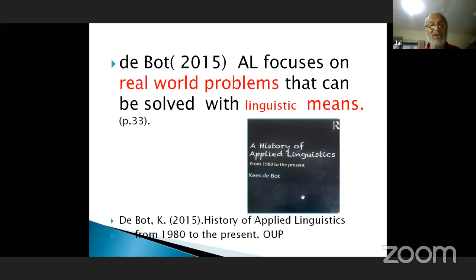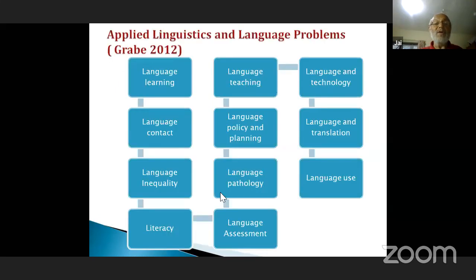This is wonderful research. Now, the problems that Grabe raised in applied linguistics are language learning. Basically, when applied linguistics was born, I will talk about this a little later, the main concentration was on language learning, which gave birth to second language acquisition and first language acquisition.